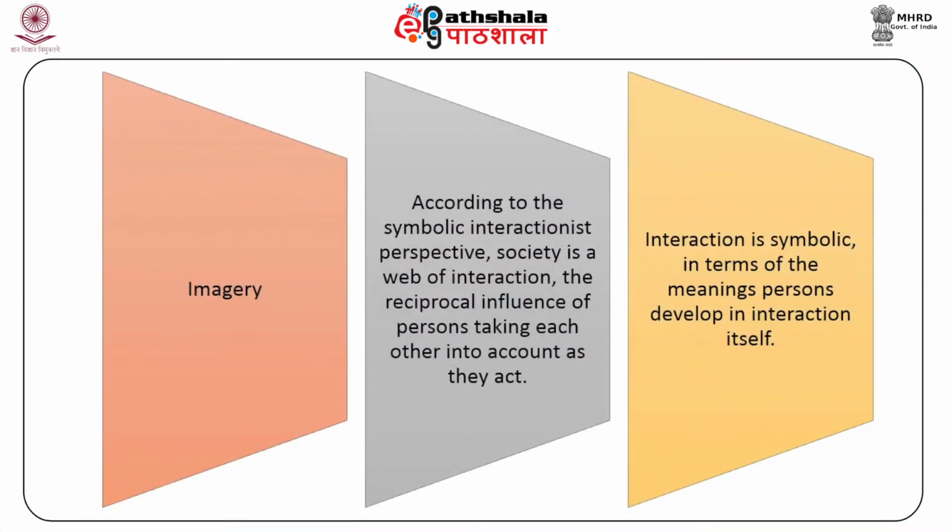First, imagery. According to the symbolic interactionist perspective, society is a web of interaction, the reciprocal influence of persons taking each other into account as they act. Interaction is symbolic in terms of the meanings persons develop in interaction itself.